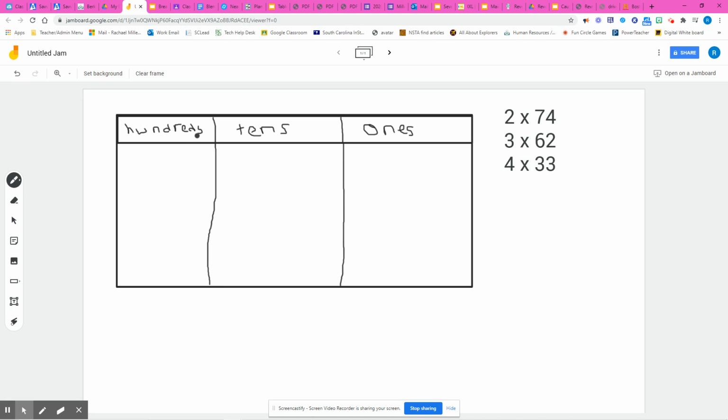Okay. Now that we've filled in our place value chart, I'm going to show you how to do this strategy. So we are working on multiplying our 1-digit by our 2-digit numbers. But we're going to take our bigger number, the 2-digit number, and we're going to put it into our place value chart. 74 would break down into 7 tens and 4 ones.